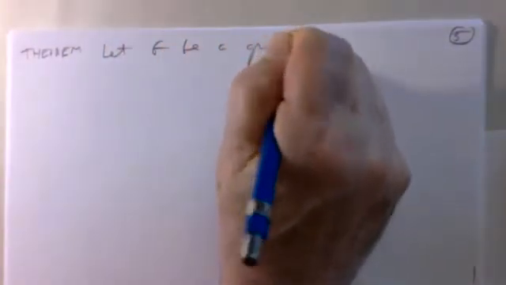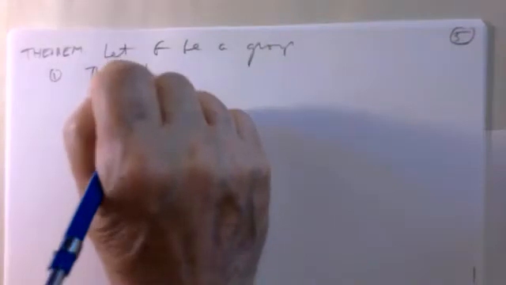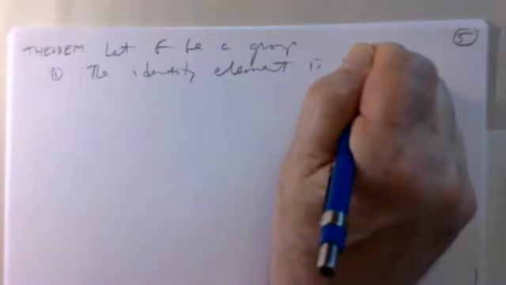Okay, now what we do in algebra is prove stuff. So let's prove some things about groups. So this is a theorem in the notes. Let G be a group. One, the identity element is unique. There's only one identity element in a group.